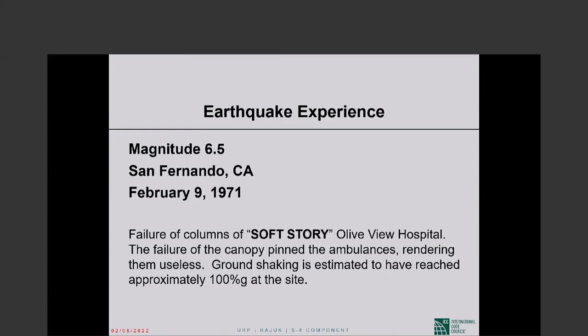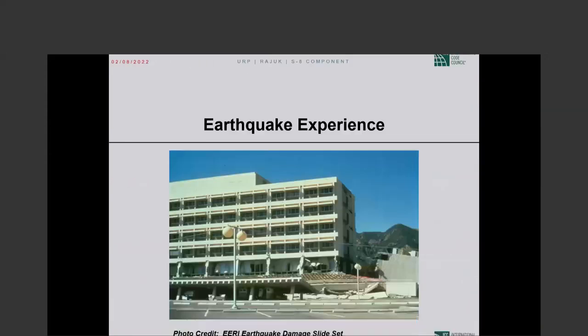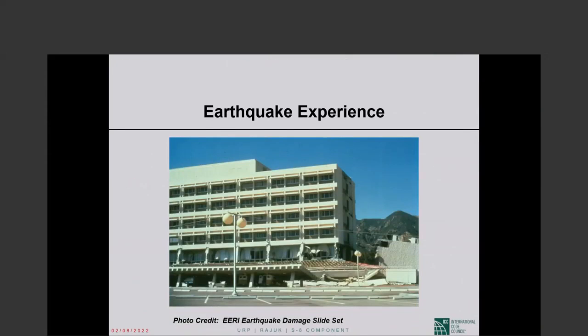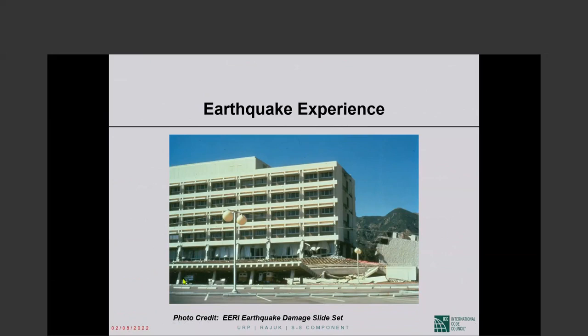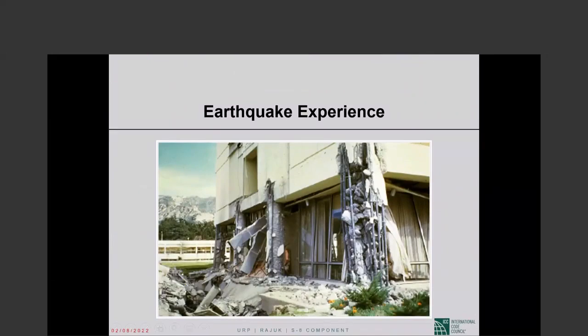This is the San Fernando earthquake that you keep on hearing about, 1971. This is the building that I just showed you. I showed you the other face, the left face. These are the ambulances that were pinned when this canopy fell on the ambulances. But I just showed you this picture.